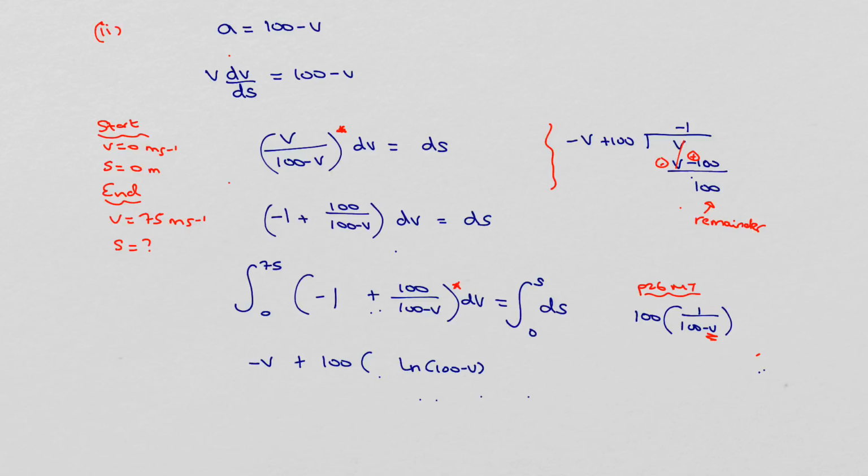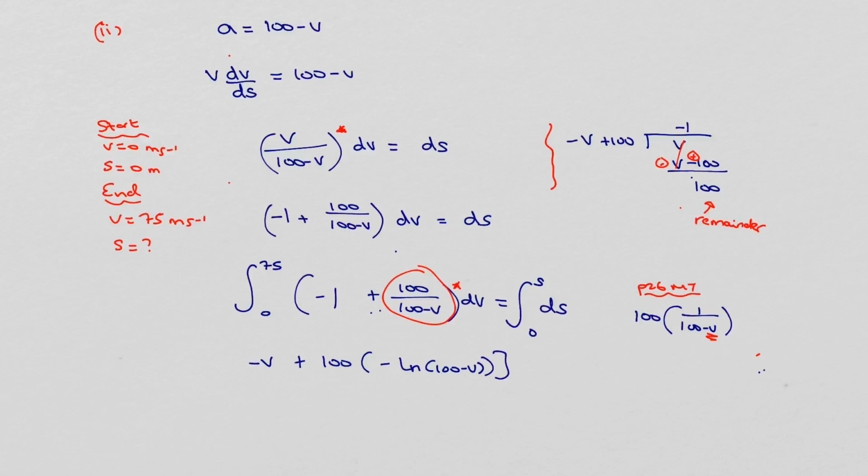And the derivative of 100 minus v is minus 1. So in other words, this part integrated with respect to v is 100 times minus 1 times the natural log of 100 minus v. So the negative sign is coming from 100 minus v differentiated.